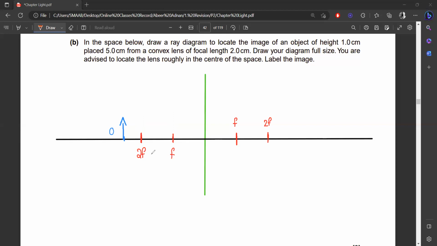Okay, so again we know that we have to draw two lines. One is moving straight, parallel from the object to the lens, and then passing through the principal focus, like this. And the second ray will pass straight through the center like this.